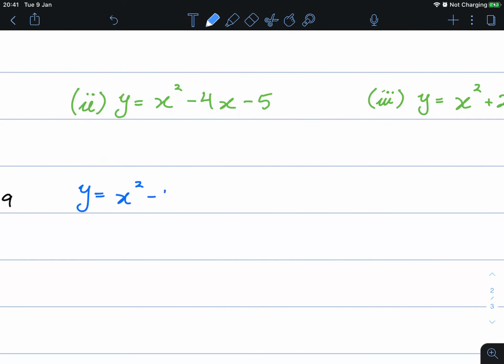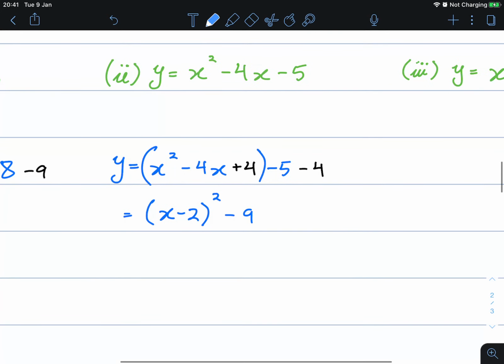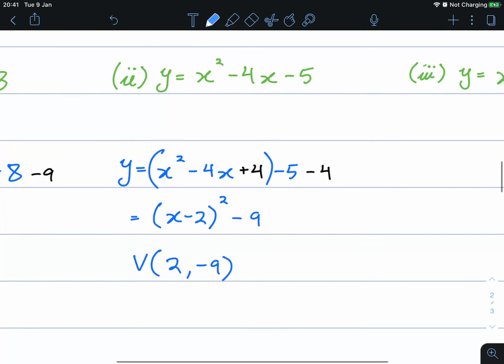Negative 2 squared is plus 4, and here we subtract 4. This becomes a perfect square of x minus 2 squared, minus 9. And from here we can quickly identify the vertex to be 2, negative 9.